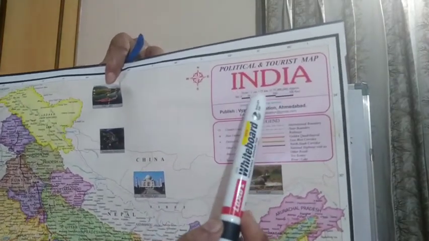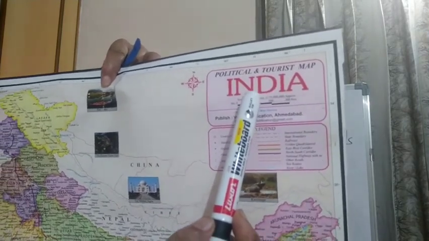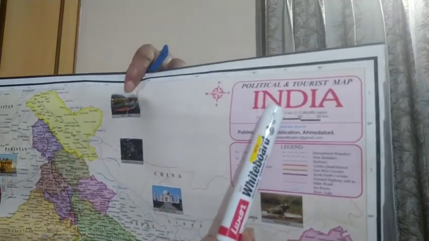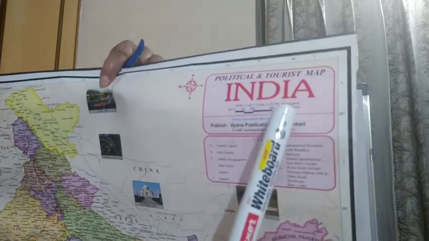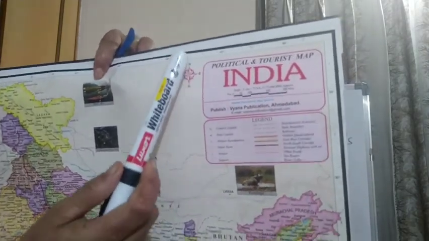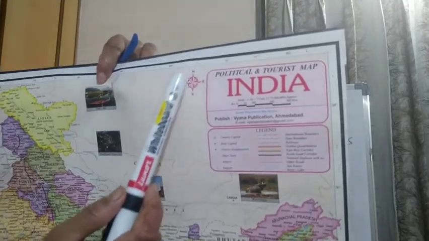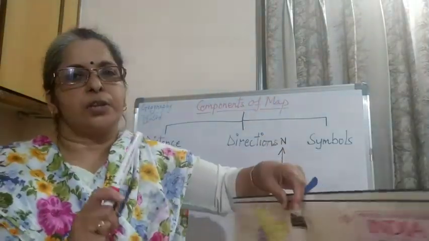The scale is given as 1 centimeter equals 75 kilometers. So this is known as the scale, and you can see here the direction towards north. Here they have shown north, south, east and west directions. So scale and directions are very important whenever we are studying or getting any information through the map. Okay, this much is clear.